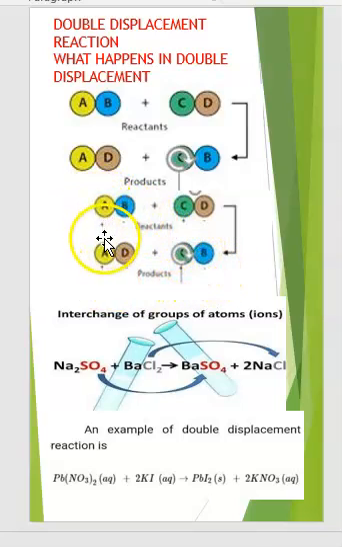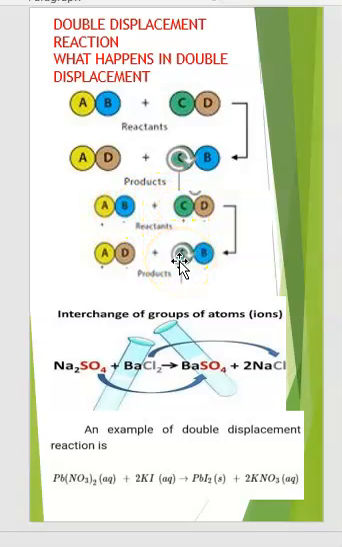A is positive, B is negative. Same way, C is positive, D is negative. Now when they react, what's going to happen is always the positive will react with the negative, and thus AD will be formed, as you can see over here. And then CB will be formed.